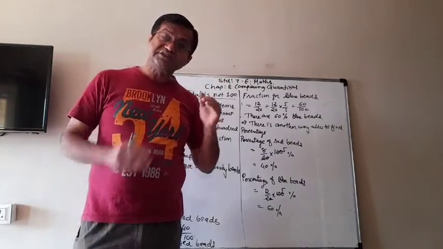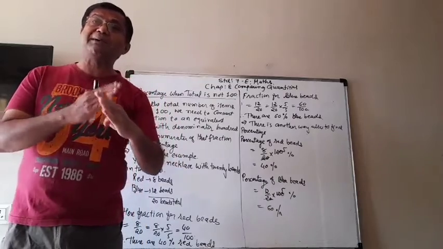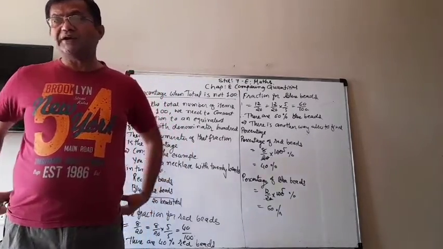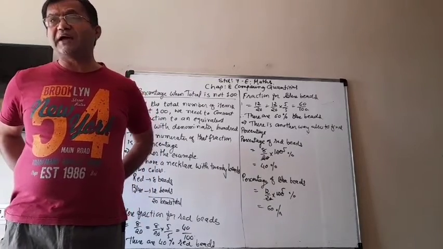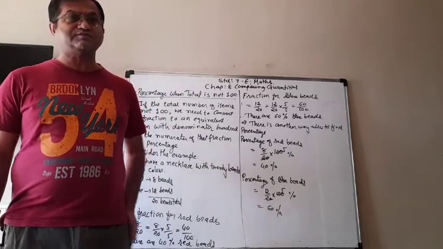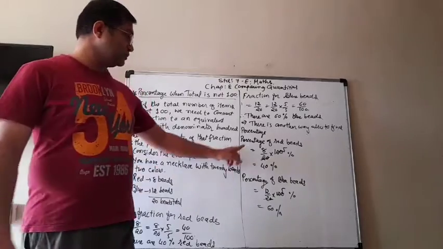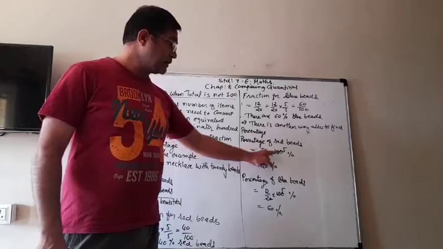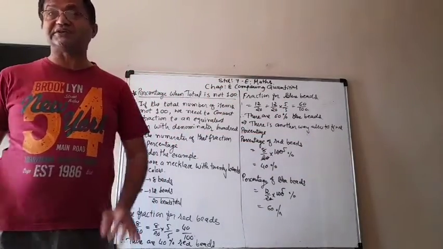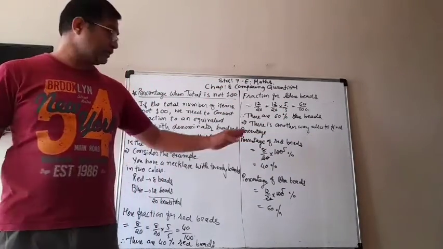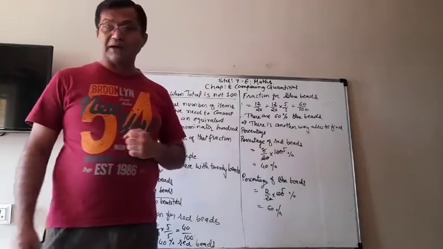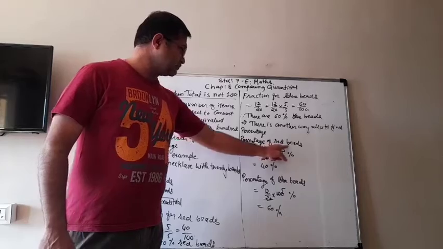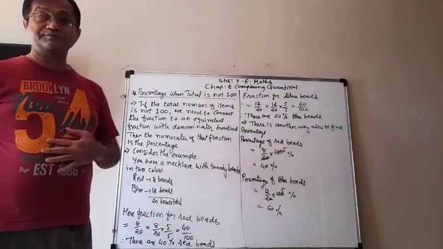Now, this same question you can also find out by a simpler method. To find the percentage of red and blue beads, there is another way also. The percentage of red beads means the fraction multiplied by 100, and that is the percent directly. So 8 upon 20 multiplied by 100 percent. 20 fives are 100, 8 fives are 40. So the answer is the same.